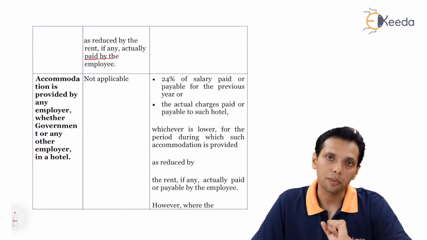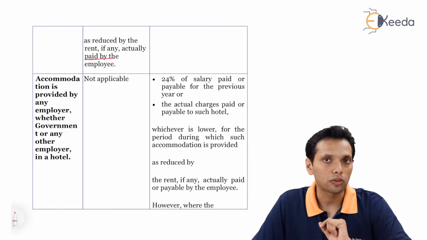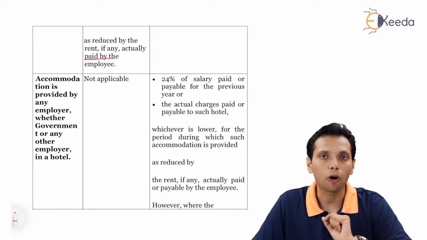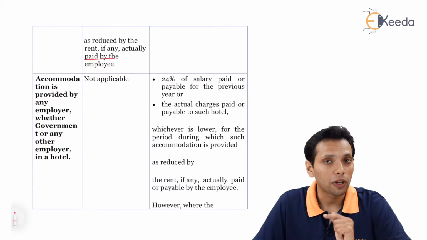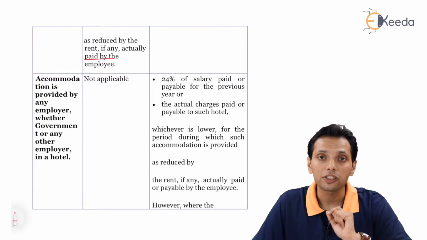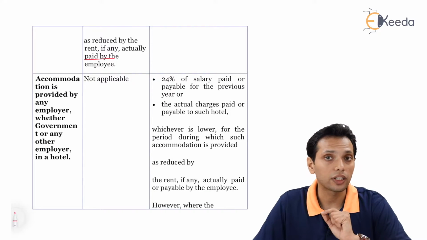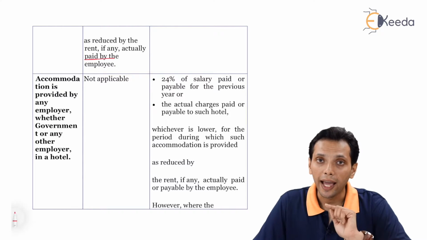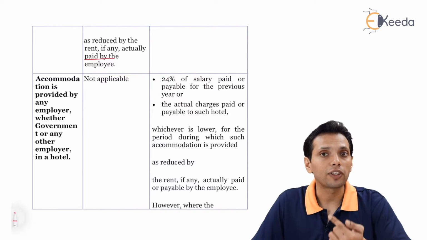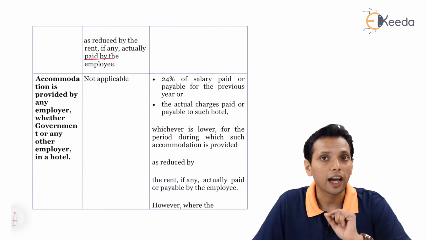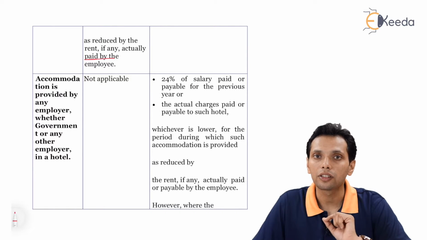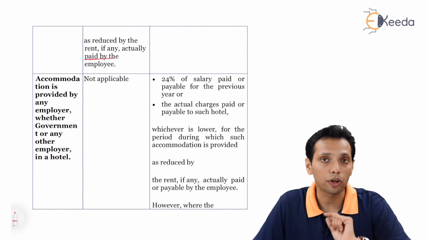And there is an exception to this, where there is a transfer of the employee from one place to another. When there is a transfer or posting of the employee from one place to another, for the first 15 days in a hotel accommodation, there won't be any perquisite value. Any day exceeding 15 days would be considered as hotel accommodation, and the entire period will be considered as hotel accommodation perquisite.